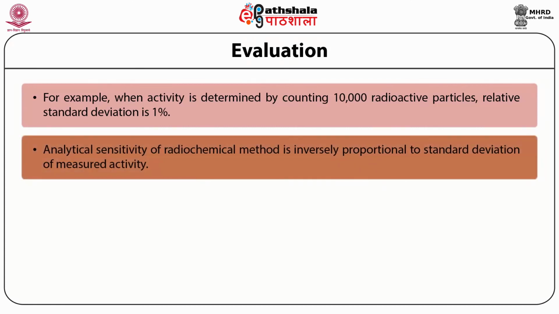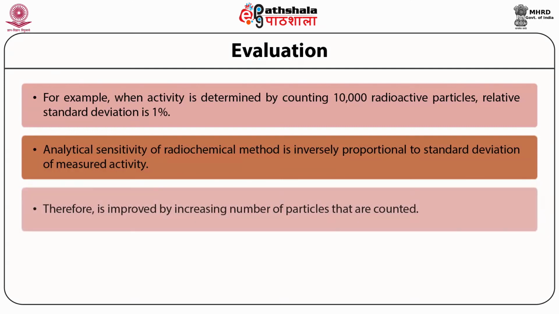The analytical sensitivity of a radiochemical method is inversely proportional to the standard deviation of the measured activity and therefore is improved by increasing the number of particles that are counted.